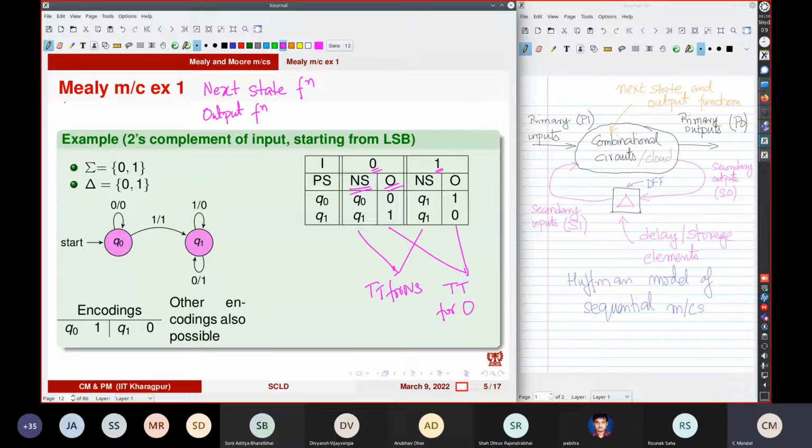Of course, I think yesterday I already went over the definition of a Mealy machine.